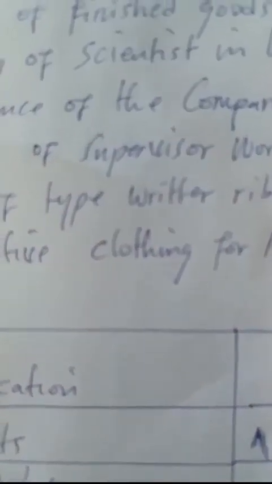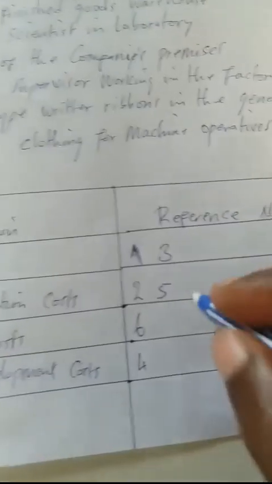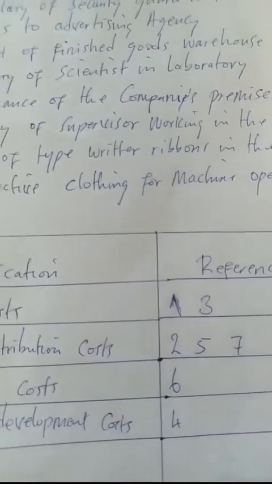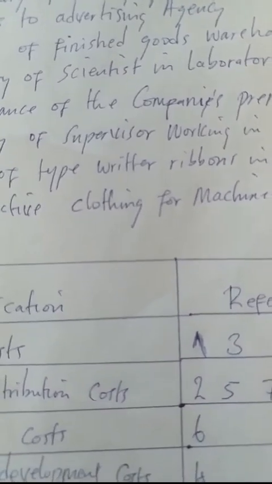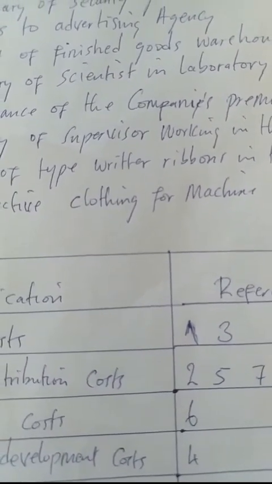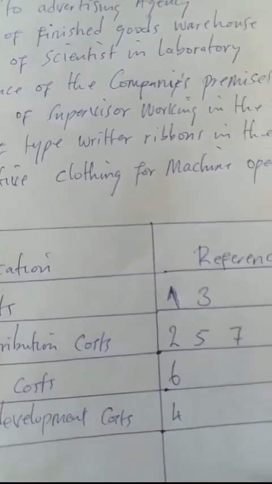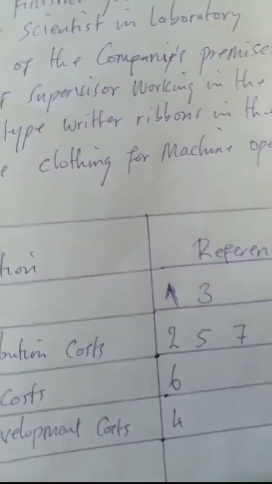That's number 7, also under selling and distribution costs. Number 8, holiday pay of machine operatives. These are production costs. That's number 8.